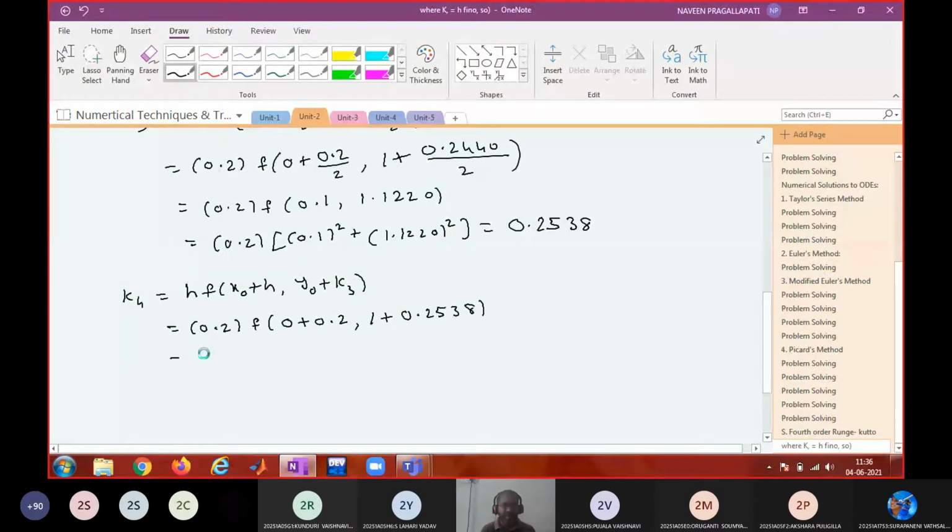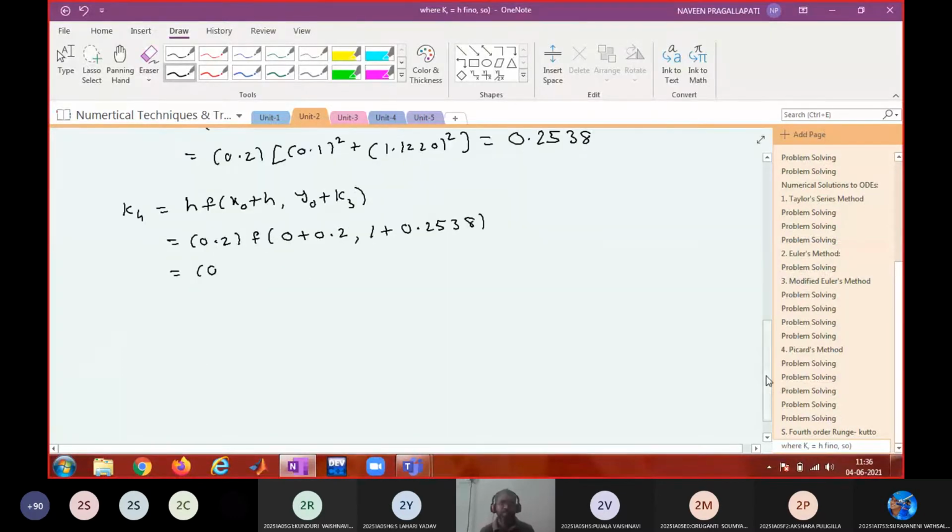So this is 0.2 into f of 0.2, comma 1.2538, which is 0.2 into 0.2 whole square plus 1.2538 whole square. Compute this value. 0.3224, sir.